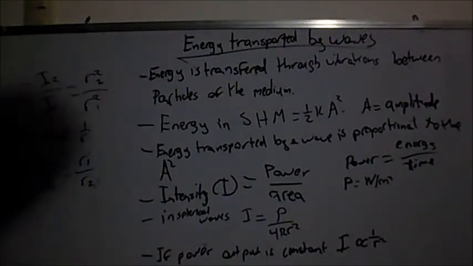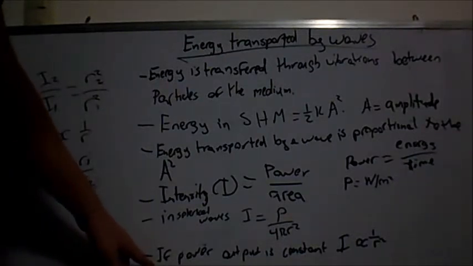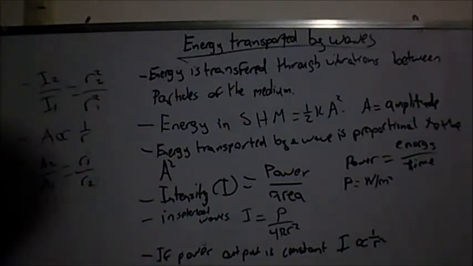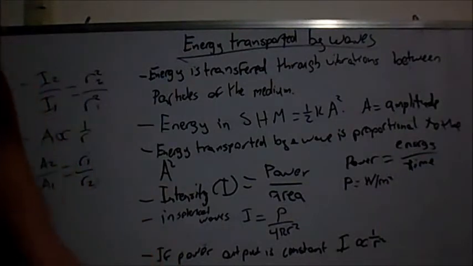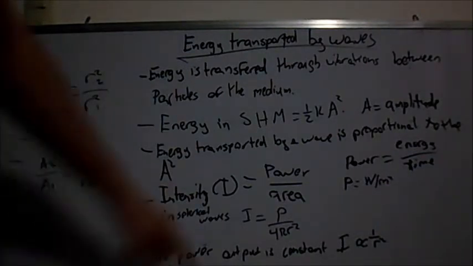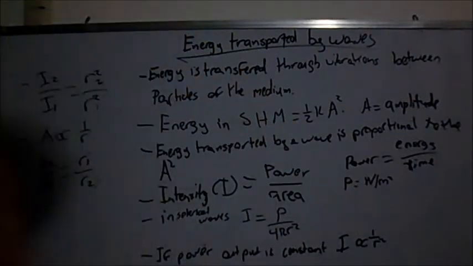So if the power output of the wave is constant, as the wave gets away from its source, the intensity lowers. So the intensity is proportional to the inverse of the radius squared from the source of the wave.